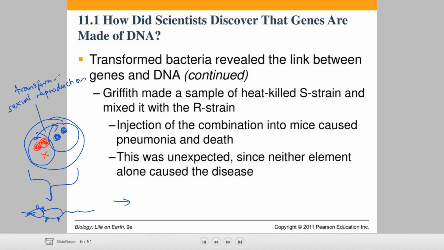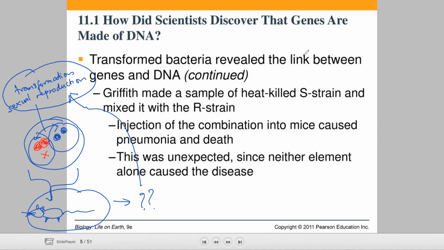So this is answering our question on how come the mice get infected by this kind of treatment, because it is due to this transformation process that happens between the two colonies.